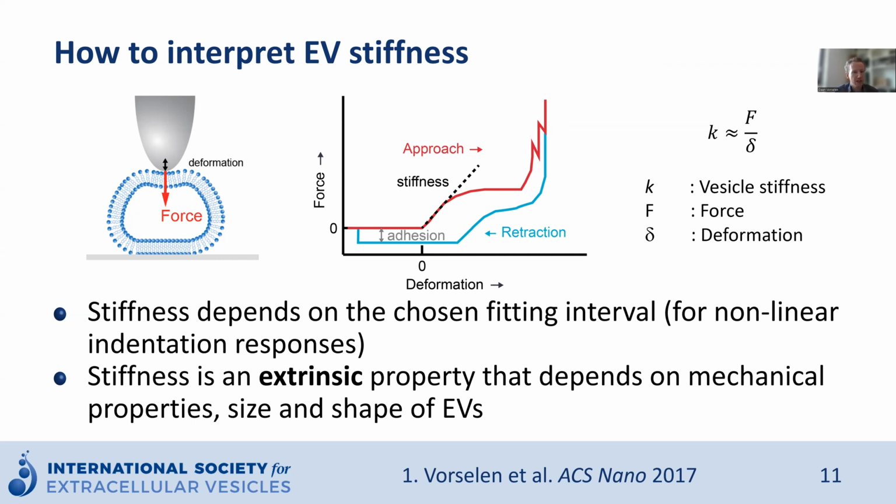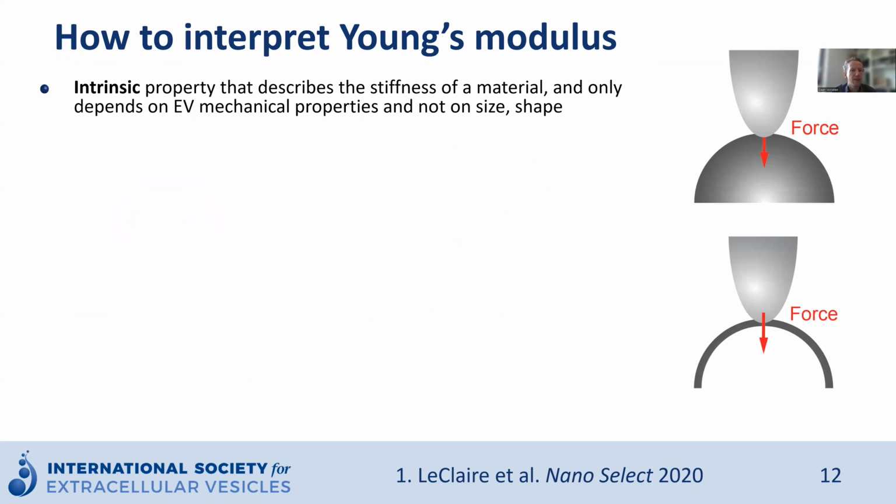So stiffness is actually an extrinsic property, and it depends not only on the mechanical properties of the EV, but also on the size and the shape. And this is a reason why people often report different mechanical properties, such as a Young's modulus. Because in principle, this is an elastic modulus that is independent of the size and shape, but just a measure of the actual material properties of what the vesicle is made of.